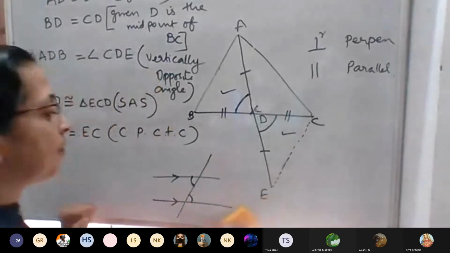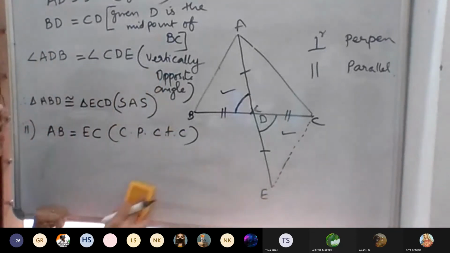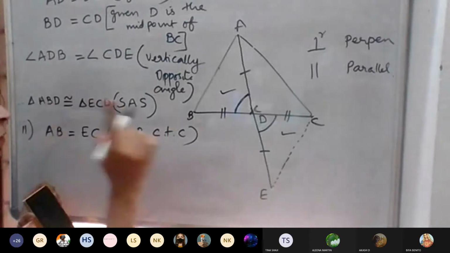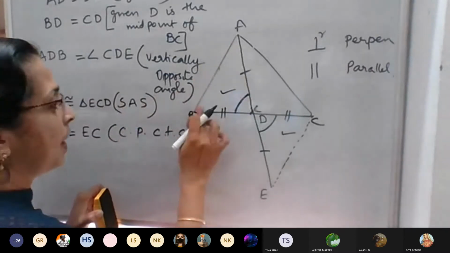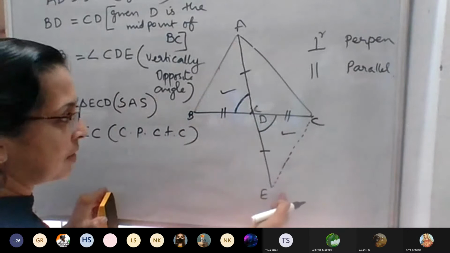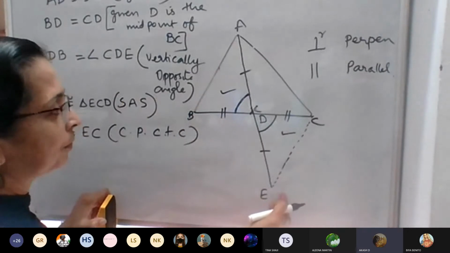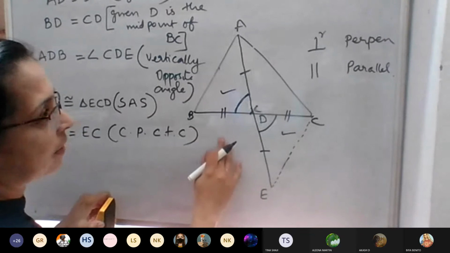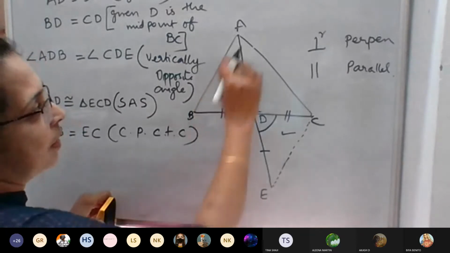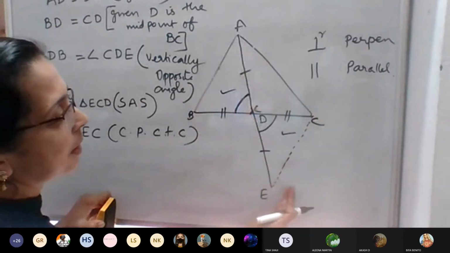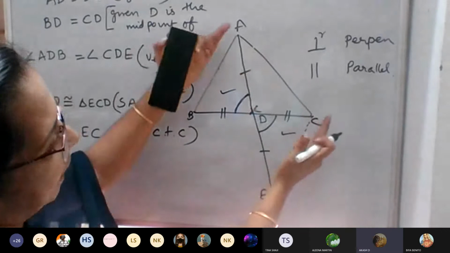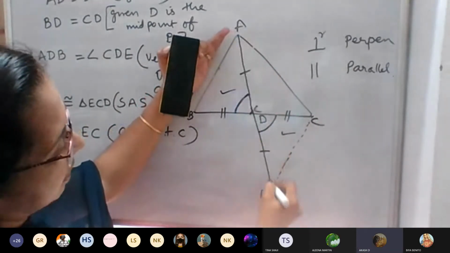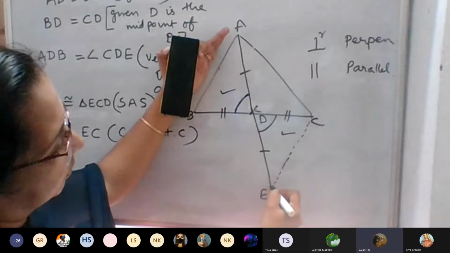So whether any two angles are alternate angles or not, check it. So we have to find out which line. AB is parallel to EC. So either two parallel lines, the transversals are AB and EC. So AE is transversal, no?